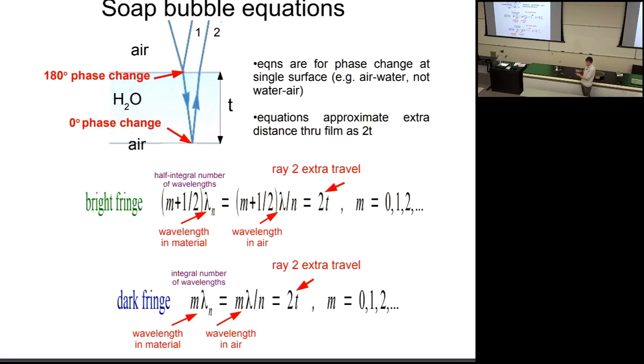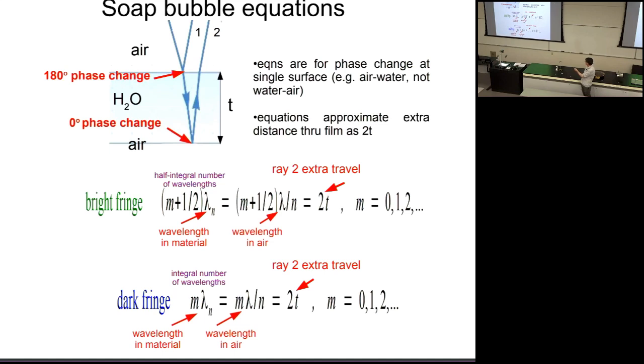Lambda subscript n is the wavelength, but importantly, it's the wavelength in that water, in that material that the light is traveling the extra distance through. So it's a reminder of that. We can write these two equations as half integral or integral number of wavelengths in the material, or write it as half integral number of wavelengths in air, and divide that by the refractive index.